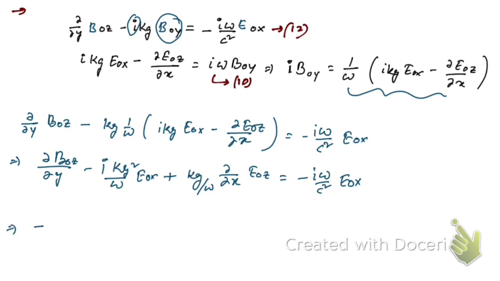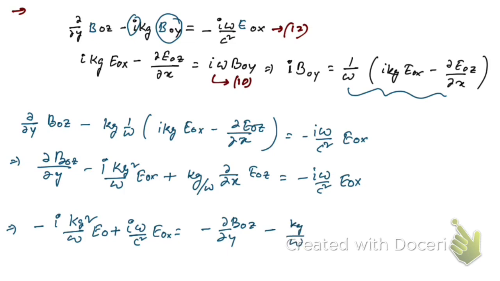Then we're gonna have minus i kz square by omega E0x, that's gonna be plus i omega c square E0x. On the right hand side we're gonna have minus del B0z by del y minus kz by omega del x of E0z. That's what we're gonna have.